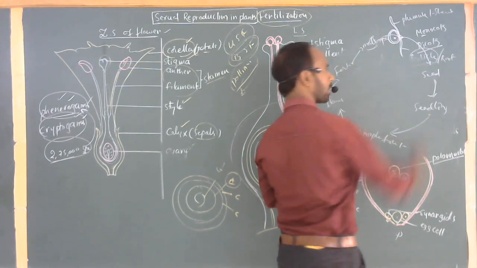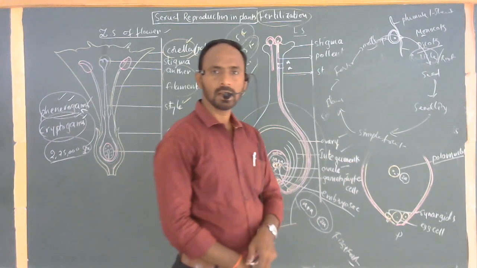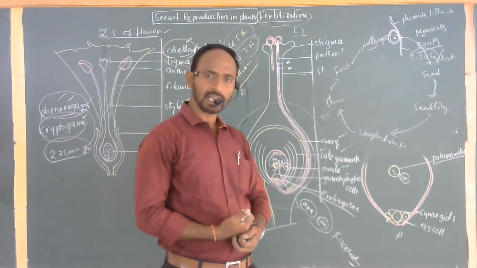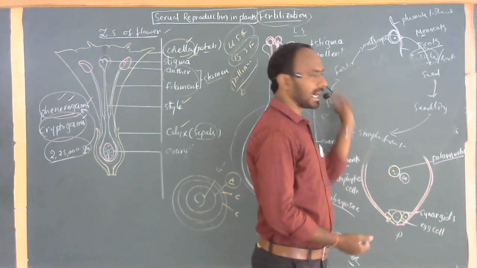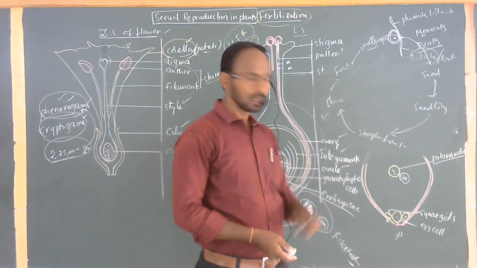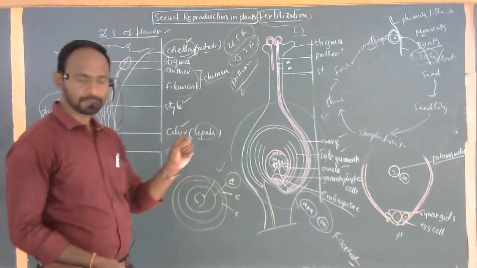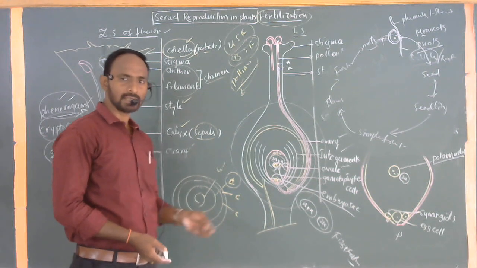The mature plant once again gives the structures, through pollination and fertilization once again. This is a cyclic process that occurs again and again in flowering plants. So this is the complete process of fertilization and pollination of flowering plants.